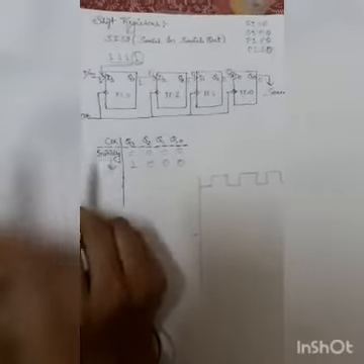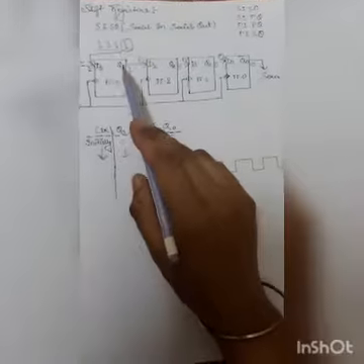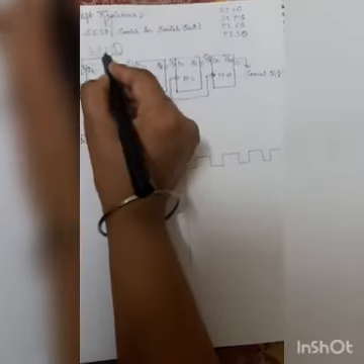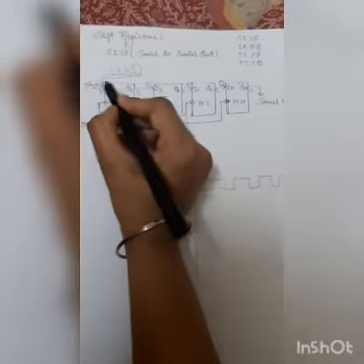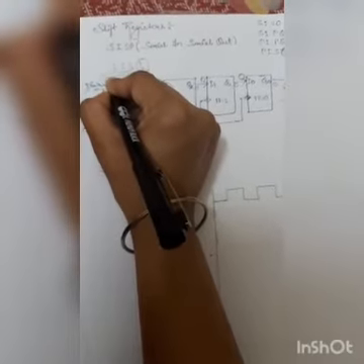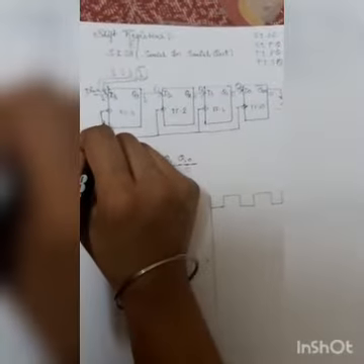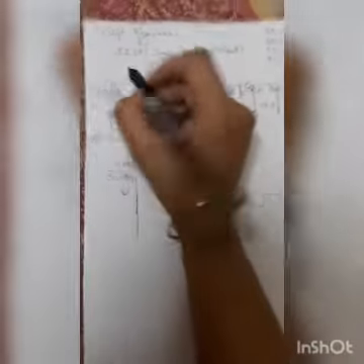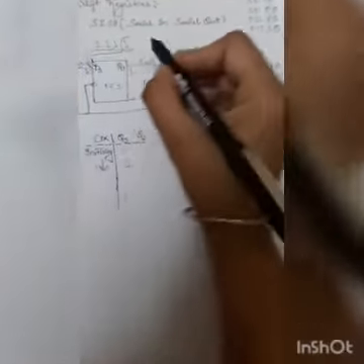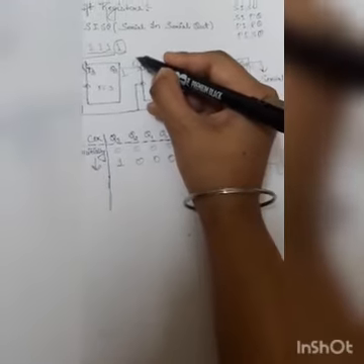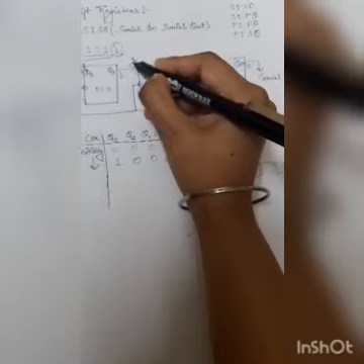Then after that, for the next input, again we are giving a 1. Here we know that Q3 is 1, so D2 is 1.